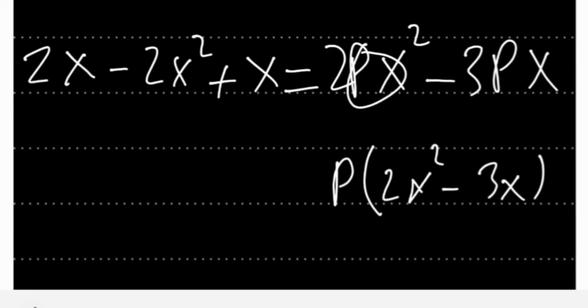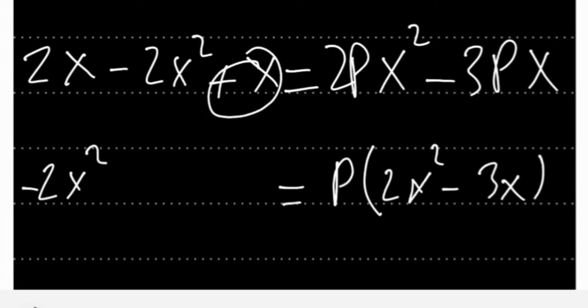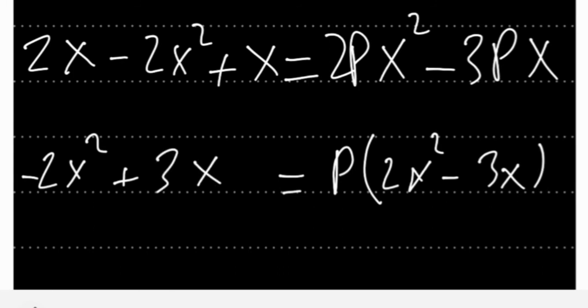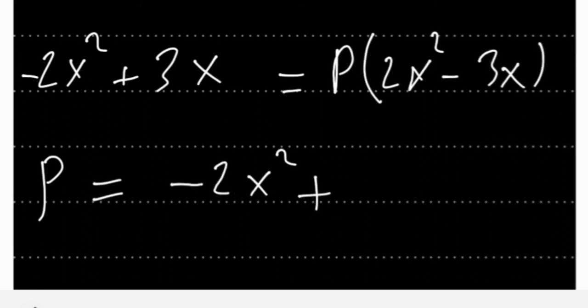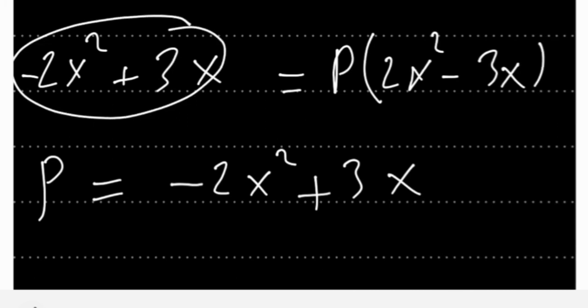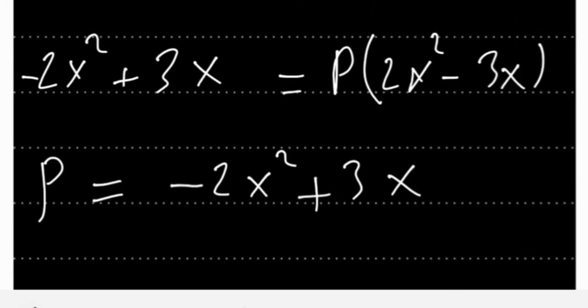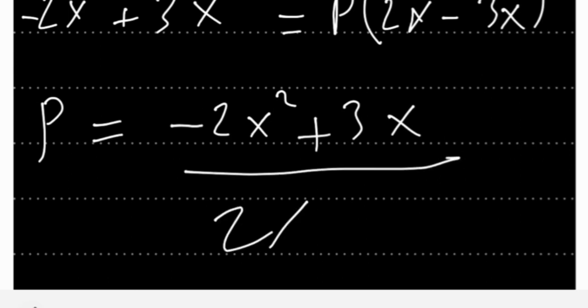I just took the p outside because we have it in both places, so that is equal to minus 2x squared plus 2x plus x plus 3x. Okay, so p is equal to what? P is equal to minus 2x squared plus 3x, which is this part over here, divided by what? Divided by this, right? Divided by 2x squared minus 3x.